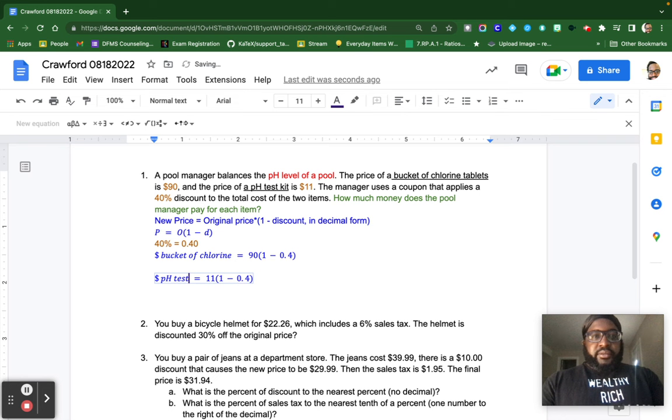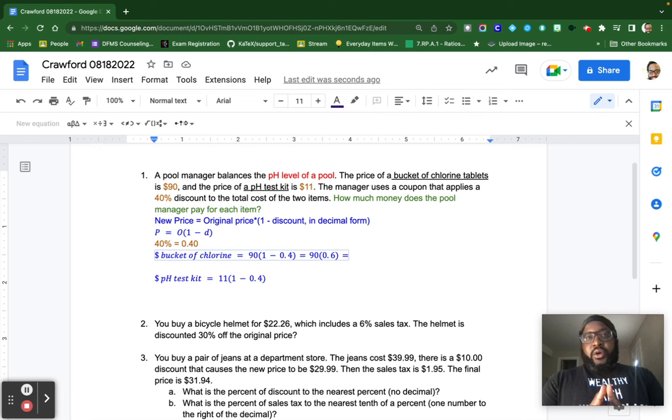pH test kit. That's going to be equal to 90 times 1 minus 0.4. It's kind of like 10 minus 4, which is 6, but a slight difference. It's going to be 0.6. And I have a little trick with this.